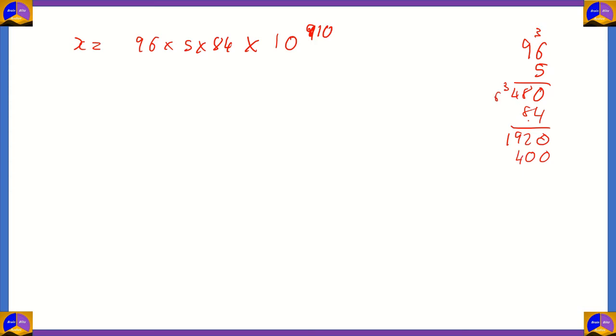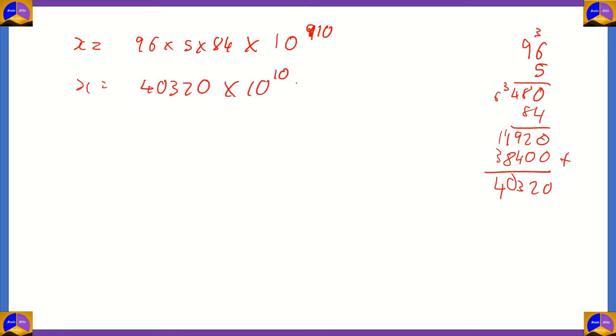And 4 times 8 is 32. Plus 6 gives you 38. So then when you add these two, you get 0, and then 2, and then 13. So 1 goes to the other side. 1 plus 1 gives you 2, plus 8 gives you 10. 1 goes to the other side here, so that's 4. So now x equals 40320 times 10 raised to 10.